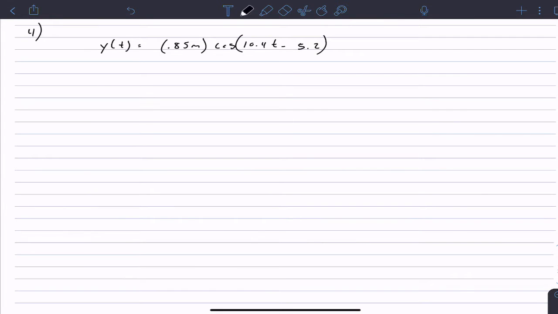So we're given a function of position for an oscillator, and we're asked to find the position, velocity, and acceleration at 3 different times.